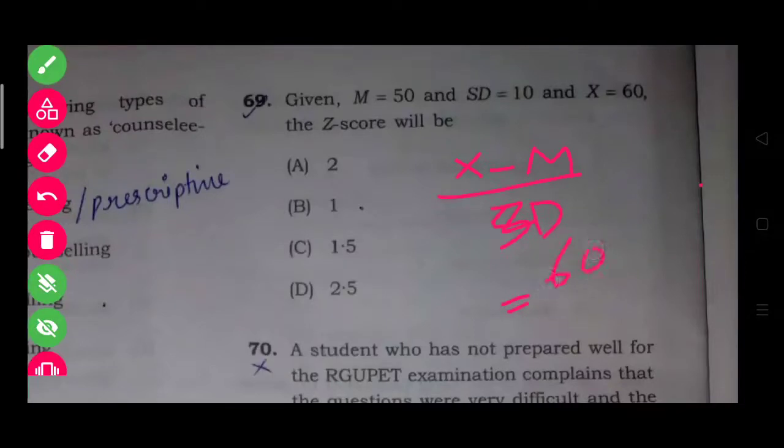X is 60, minus M, which is 50, divided by, what is SD? SD is 10. So 60 minus 50 is equal to 10, divided by 10. So the correct answer will be option B, that is 1.